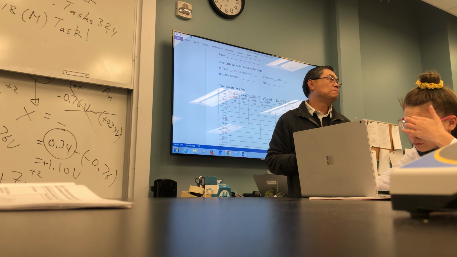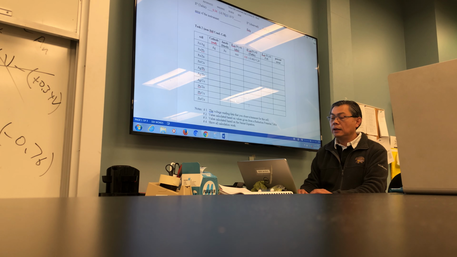Either way, don't mix them, one is volt, one is millivolt. So let's convert everything to the same unit. So you can have all your 10 combinations or pairs in the table and then your observation.